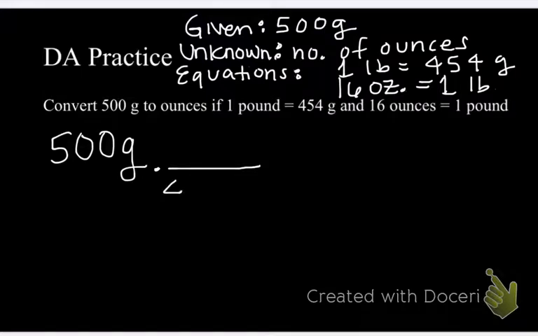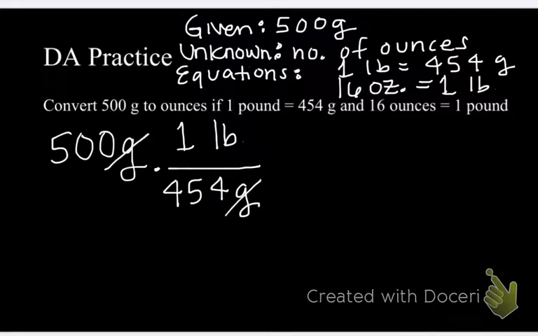So I have that 454 grams is 1 pound. Okay, so now I've canceled out the unit of grams. So grams divided by grams is 1. Notice I'm not canceling out the numbers. I'm just canceling out the units.